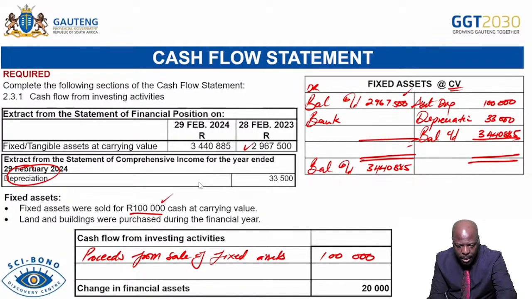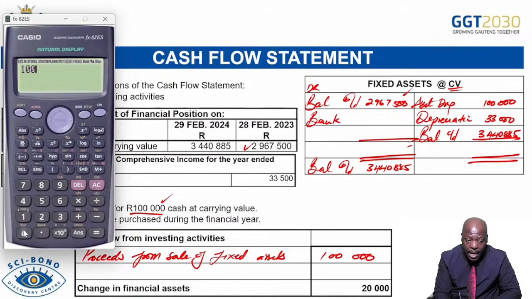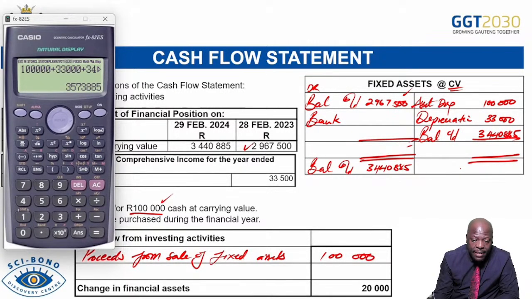Let's see it again. Okay, so on the calculator we say 100,000, which is the one at the beginning, plus 33,000, not 330, plus 33,000, like that, plus the balance at the end now, which is 3,440,885. Okay, and then it gives you 3,573,885. Correct amount now.